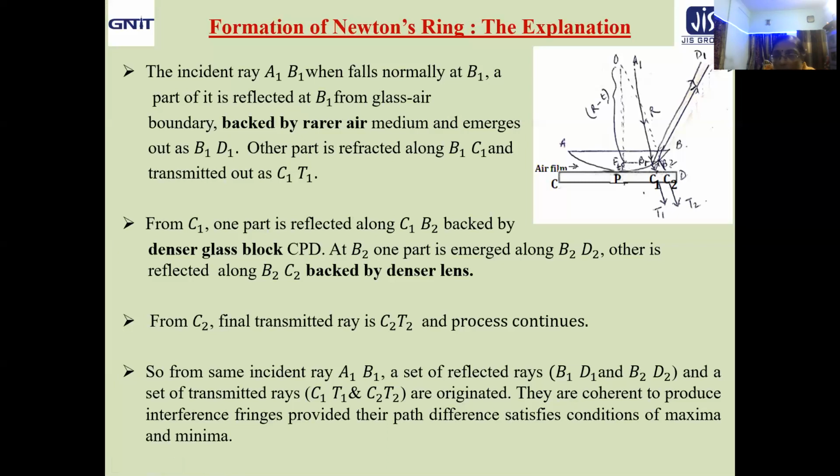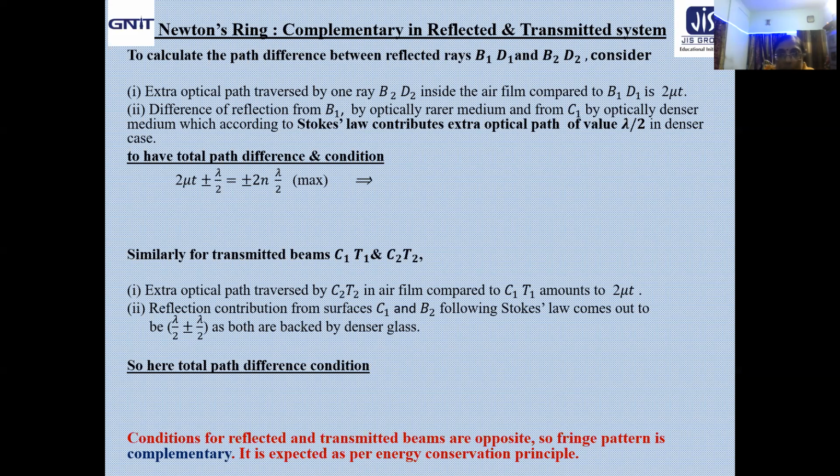That means one beam is suffering an extra optical path compared to the other inside the air film. And the second factor, as I already mentioned, is that at B1 reflection takes place from air, at C1 it takes place from glass, and at B2 it takes place from glass. So these considerations will help us calculate the path difference.